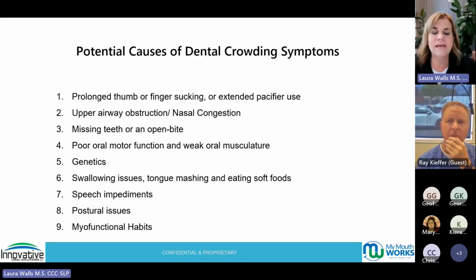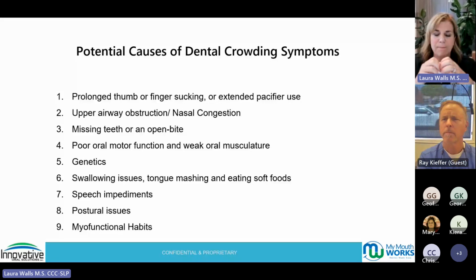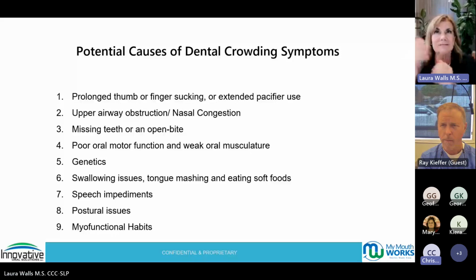And so many of the kids today drink those pouches, crushed food in a bag, because it's easy and not messy and easy to take places. Parents give that to kids and it keeps that suckling pattern happening. So they're mashing their food with their tongue and not using the teeth to bite. The same thing with prolonged thumb sucking, finger sucking, upper airway obstruction, nasal congestion.